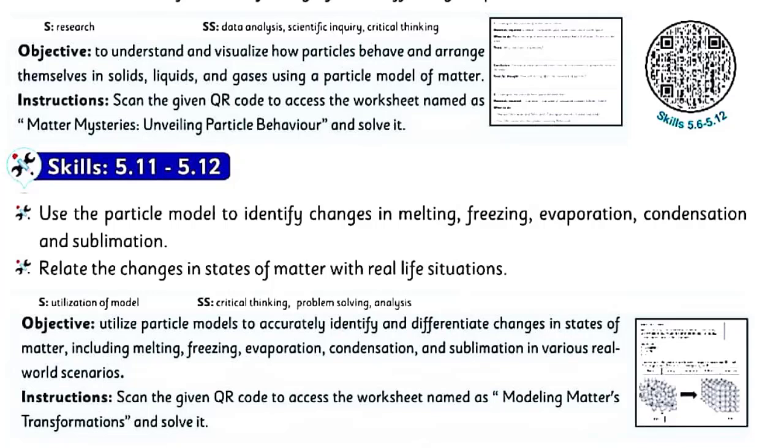Objective: utilize particle models to accurately identify and differentiate changes in states of matter, including melting, freezing, evaporation, condensation, and sublimation in various real-world scenarios. Instructions: scan the given QR code to access the worksheet named Modeling Matter Transformations, and solve it.